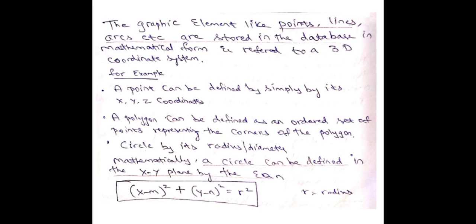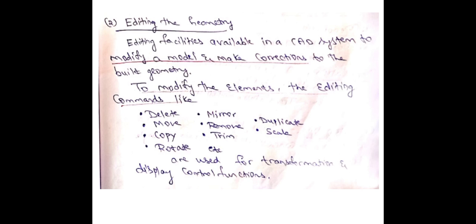A circle by its radius or diameter. Mathematically, a circle can be defined in the xy plane by the equation (x - m)^2 + (y - n)^2 = r^2, where r is the radius.